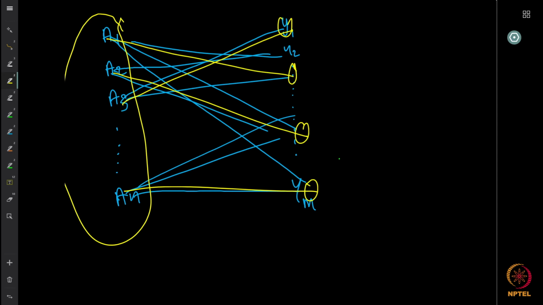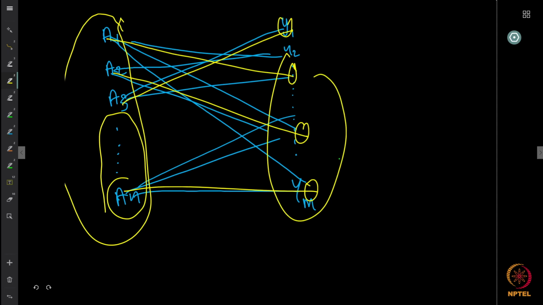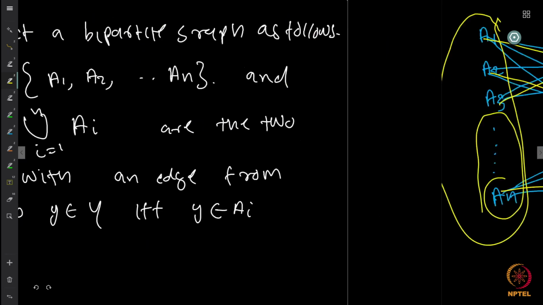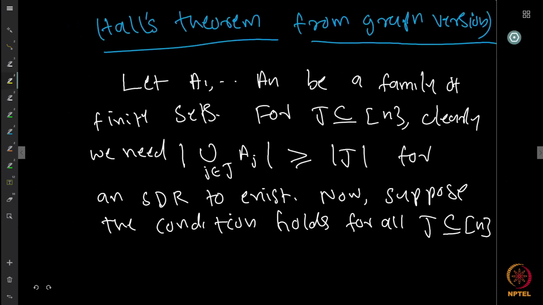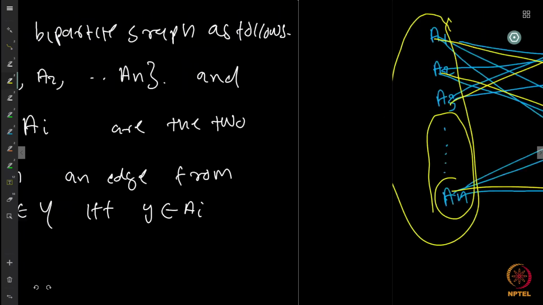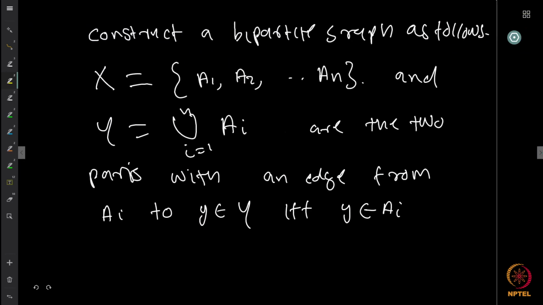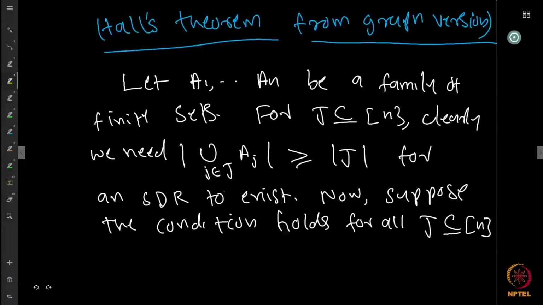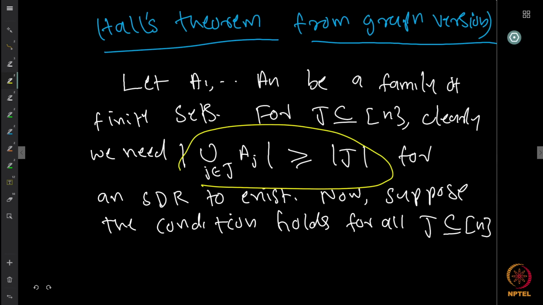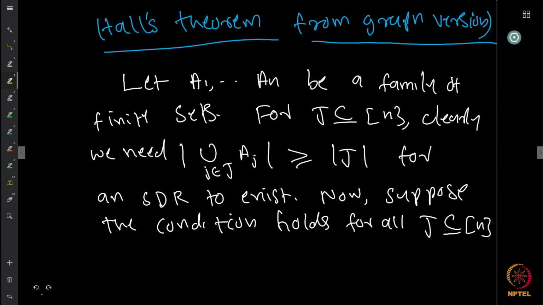So all you have to do is to see whether the matching condition holds. But the matching condition is precisely that the neighborhood of any subset must have at least that many elements, right? But that is precisely what we are saying here, right? What is the neighborhood of a set? It is basically the union of all the elements in those sets. But the condition is true, according to our assumption, and therefore the matching exists.